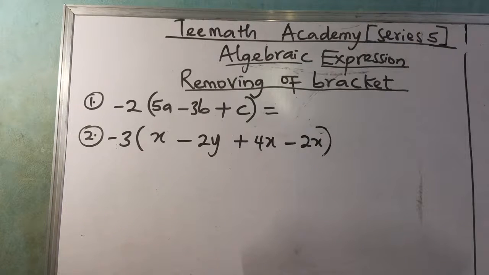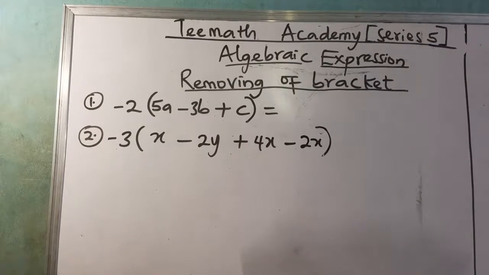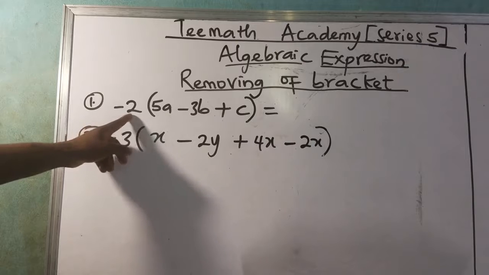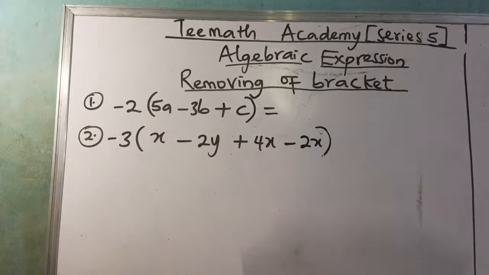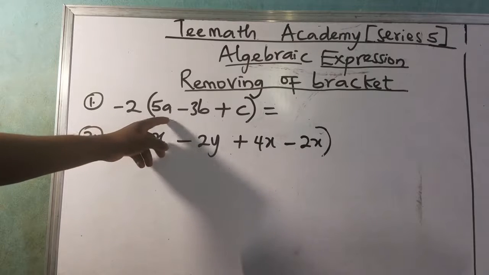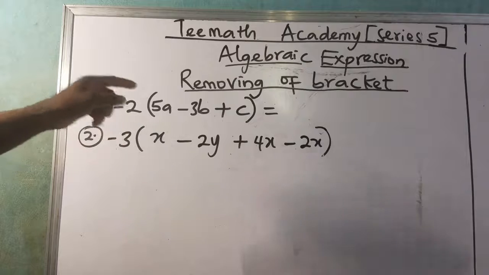Okay, the next is minus 2, bracket 5a minus 3b plus c. Irrespective of the number of factors inside the brackets, the number outside we multiply by every one. If you have about 10 of them inside, this number outside is going to multiply everything.